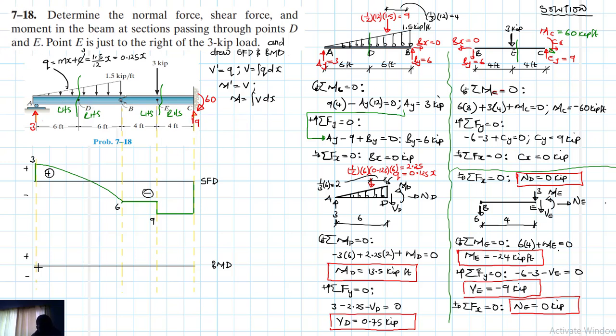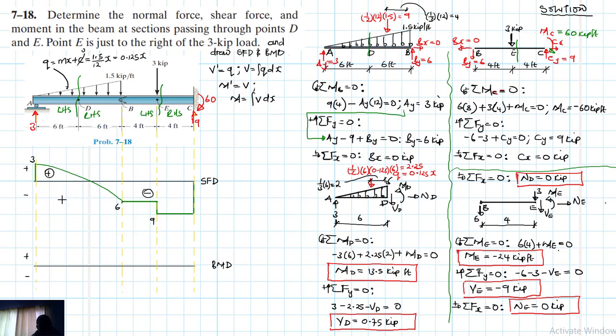At A, we don't have any initial value for moment. We have a pin. We don't have any couple applied there. And because we don't have any initial value of moment, we expect moment at A to be equal to 0.